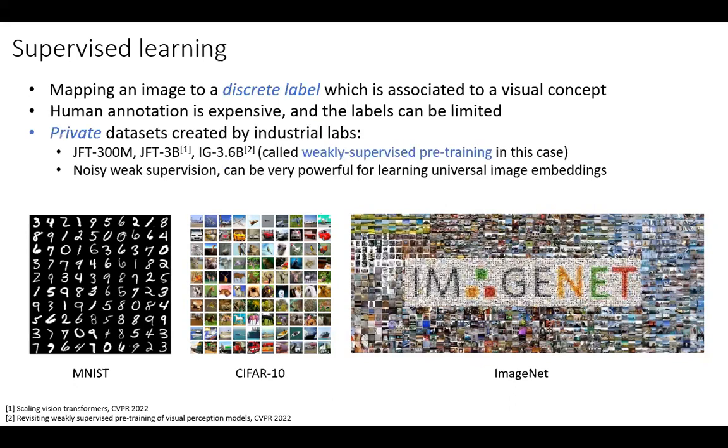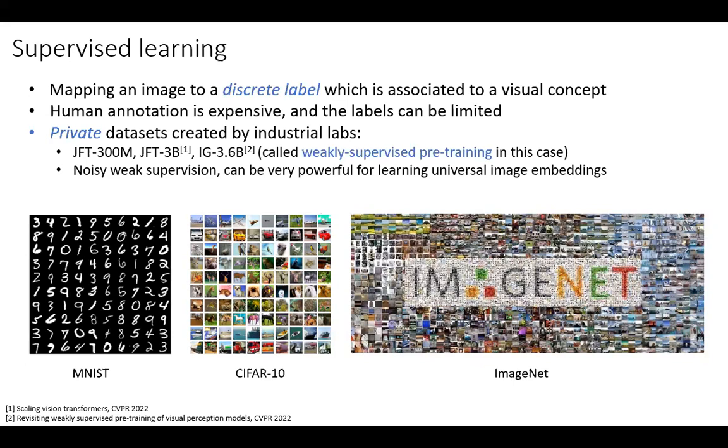But there are also many private datasets that are not available to the public, but they do exist in industry labs. For example, Google's JFT 3 billion and also Meta's Instagram datasets. In the literature, this may also be called weakly supervised pre-training.